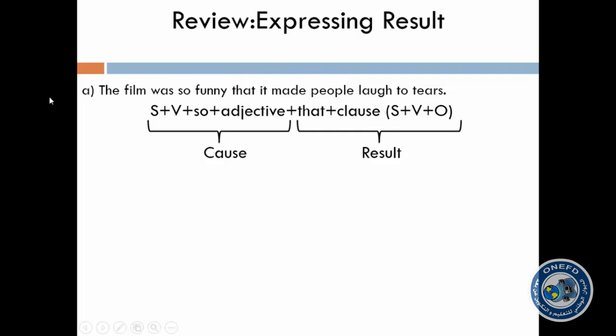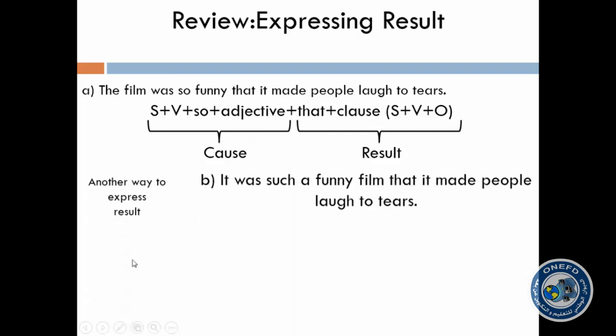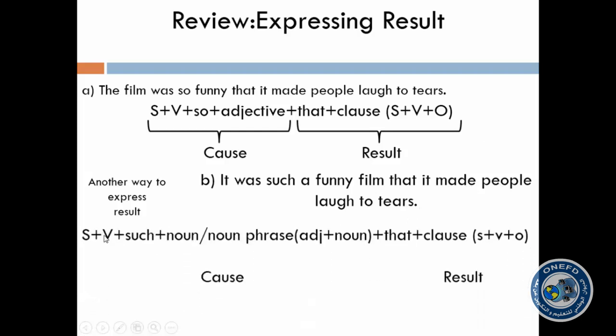We can express this sentence differently by saying it was such a funny film that it made people laugh to tears. We expressed it using this form of such plus noun phrase plus that.